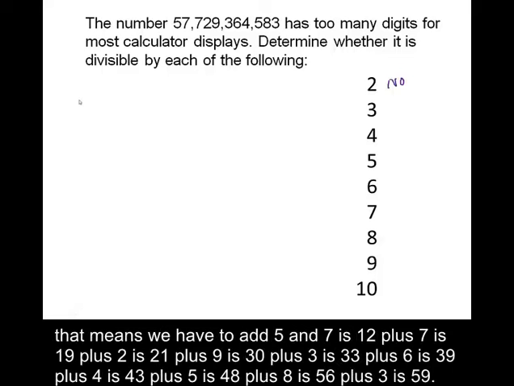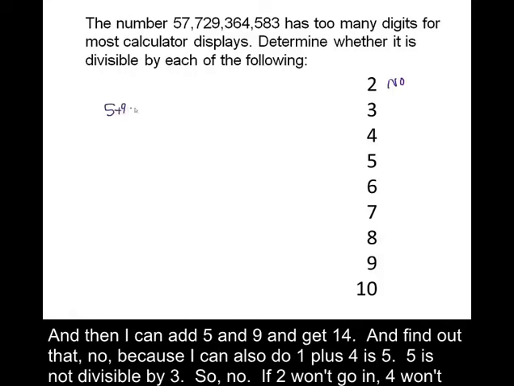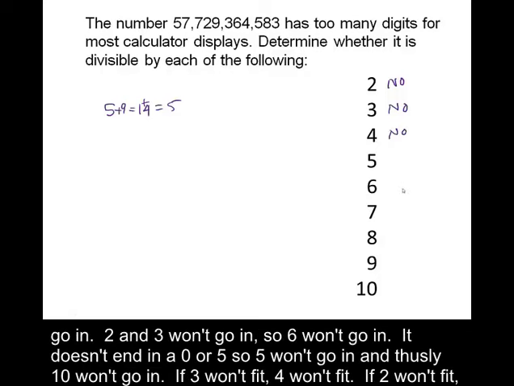Well, that means we have to add 5 and 7 is 12, plus 7 is 19, plus 2 is 21, plus 9 is 30, plus 3 is 33, plus 6 is 39, plus 4 is 43, plus 5 is 48, plus 8 is 56, plus 3 is 59, and then I can add 5 and 9 and get 14 and find out that no, because I can also go ahead and do 1 plus 4 is 5. 5 is not divisible by 3, so no. If 2 won't go in, 4 won't go in. 2 and 3 won't go in, so 6 won't go in.